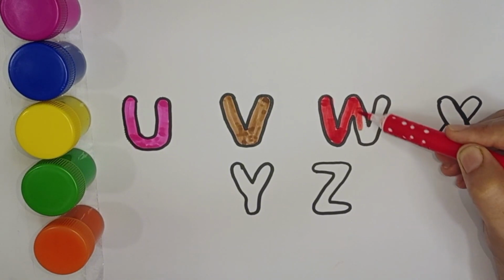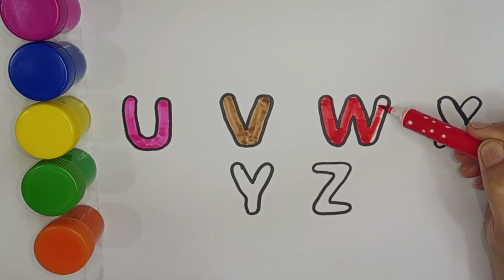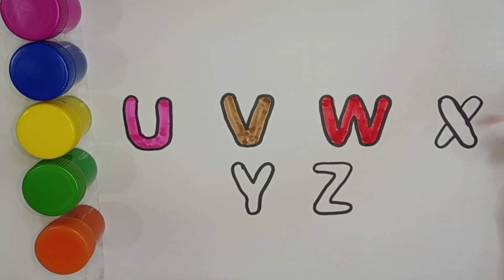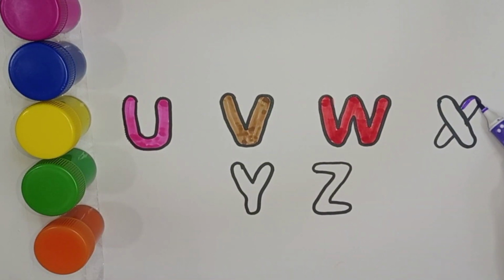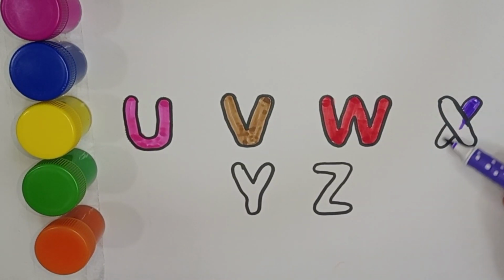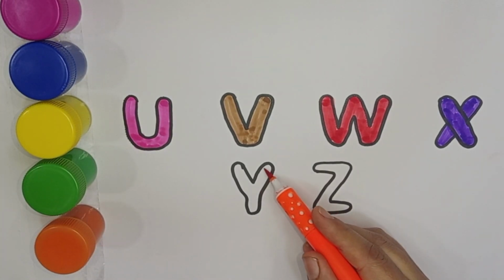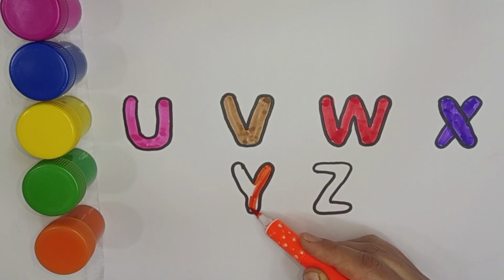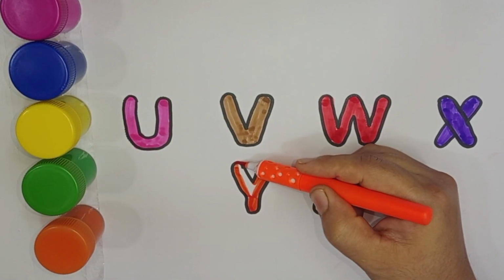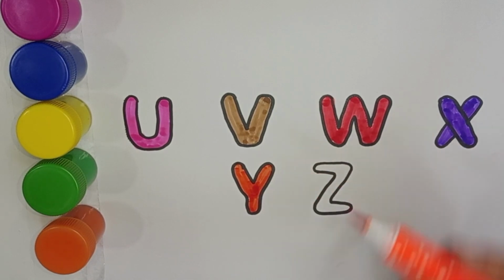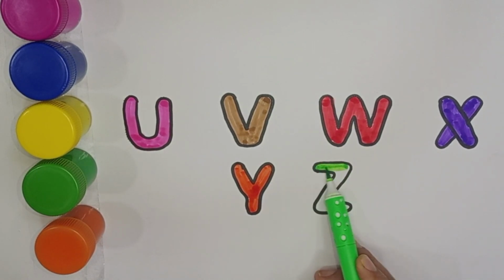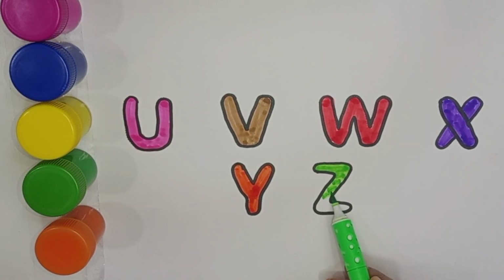X. X is for Christmas tree. Y. Y is for yo-yo. Z. Z is for zoo.